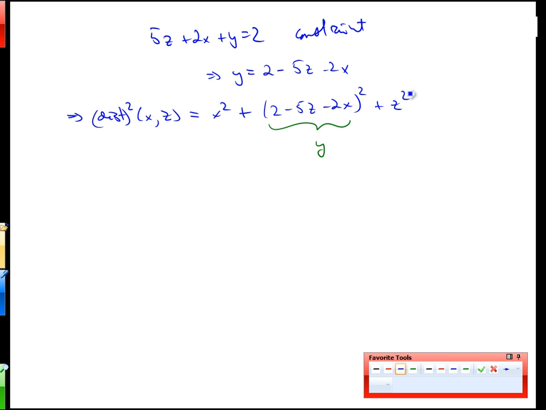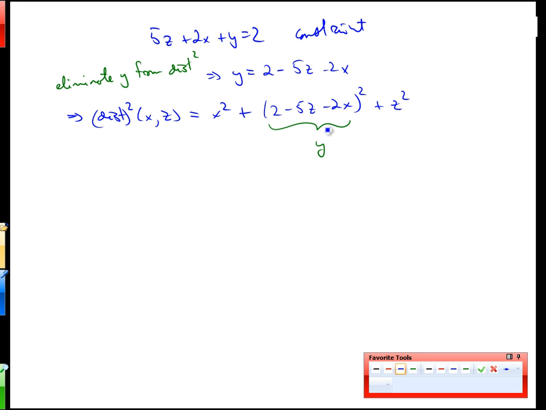So now we've reduced our problem to simply optimizing this function, and we're guaranteed that when we pick x and z, the y value will work out so that we're on the plane that we need to be on. So again, we've seen this kind of motif of using one of the earlier equations to constrain or isolate one variable. So we eliminate y from the distance squared.